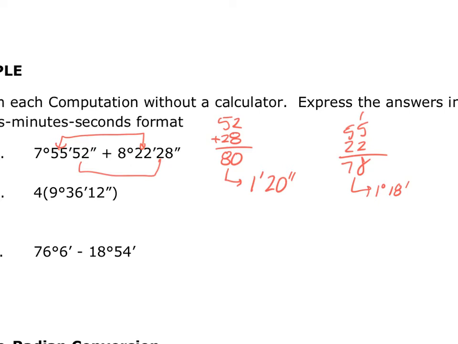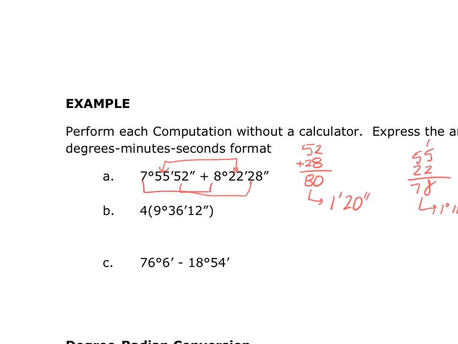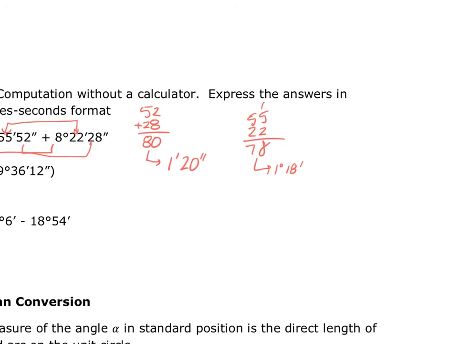Okay, don't forget that when we do our very last addition, which is the degrees, to add that 1. So I have 7 and 8 and then 1 more. So I have 16. And so what we had with the answer was 16 degrees, 18 minutes and 20 seconds. Okay? That's our final answer from Friday. You all remember from Friday?